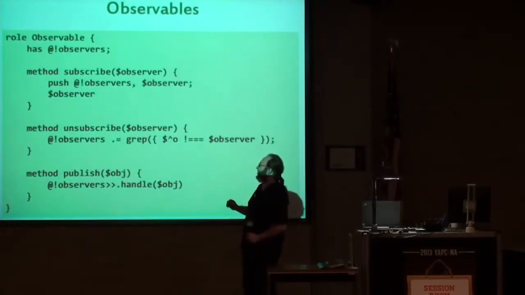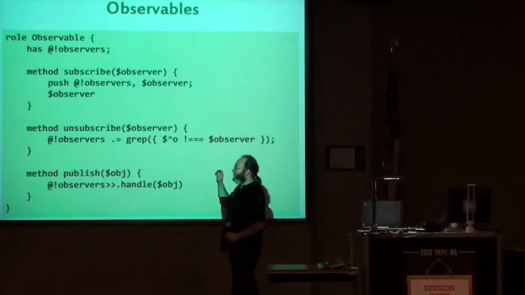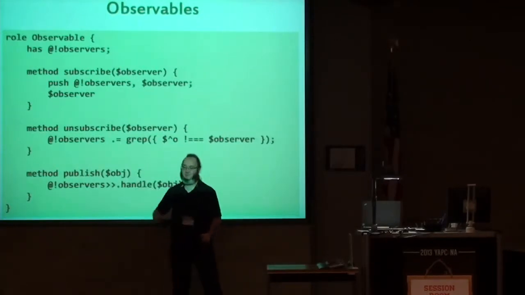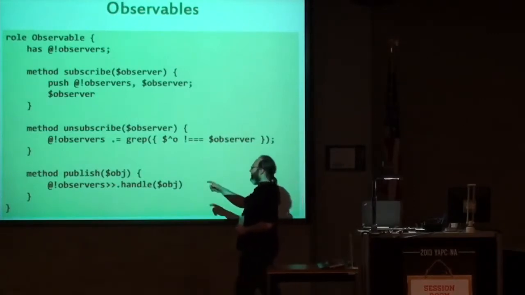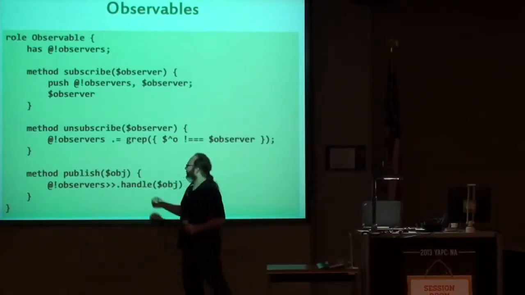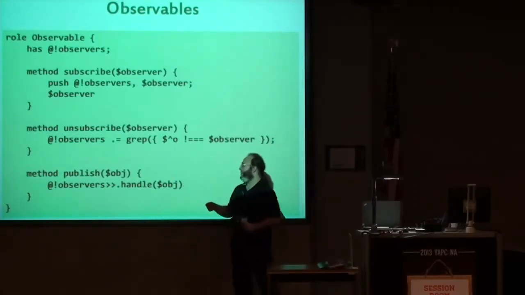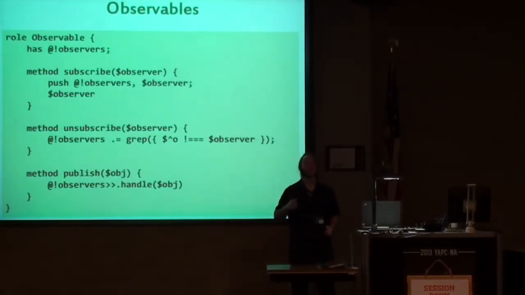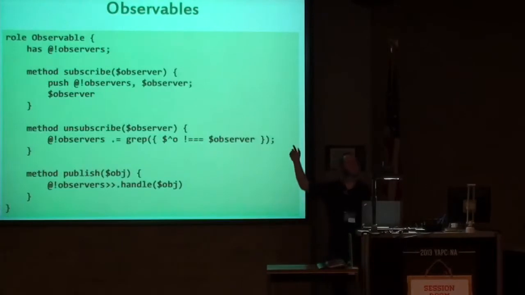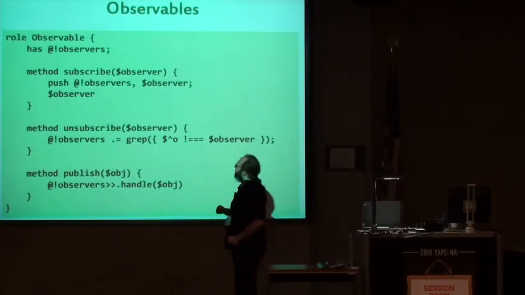And we have a publish method, and all it does is, whenever something happens, which is represented by this object, we take all the things that are observing it, go over the observers, and call handle on all of them. So basically it's publish subscribe, okay? Every time somebody subscribes, they get to know all the things that happen.